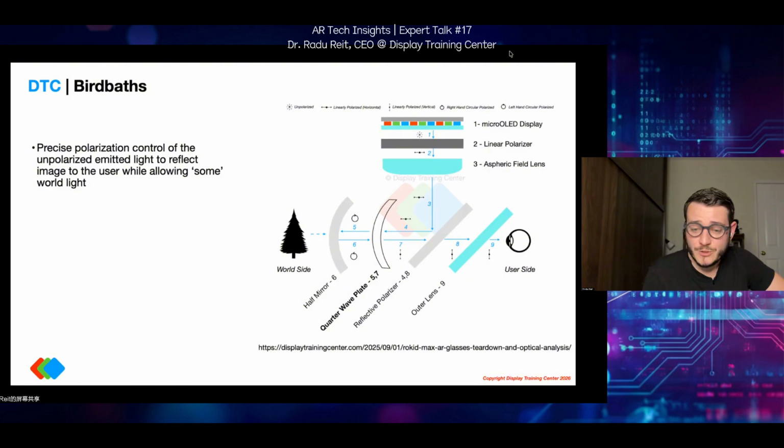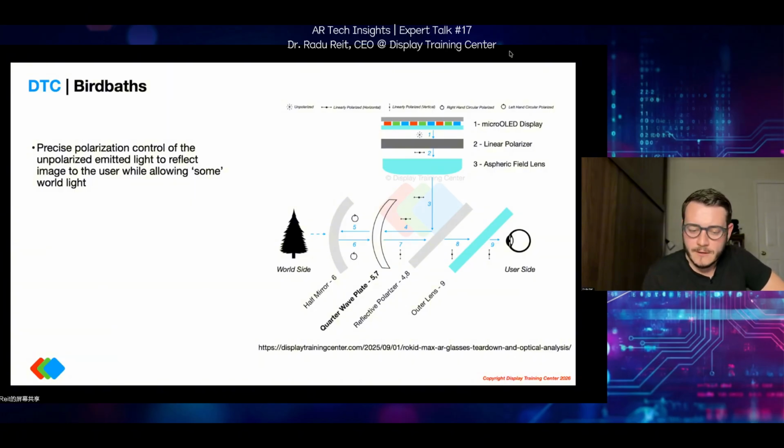Essentially, what a birdbath optic is doing is it's controlling the polarization of your generally unpolarized emitted light, whether it's a micro OLED display, but this doesn't have to be micro OLED. It can be LED or even LCOS. And it controls that polarized image as it travels down through lensing elements and bounces off of other optical elements.